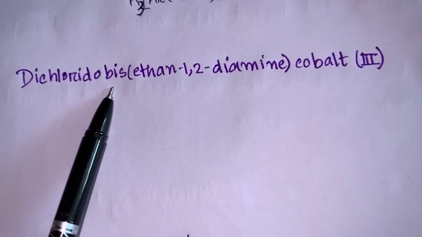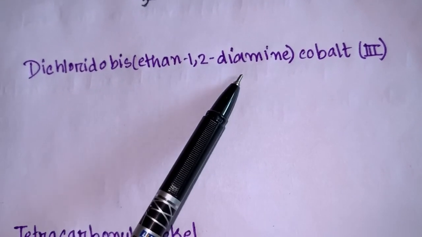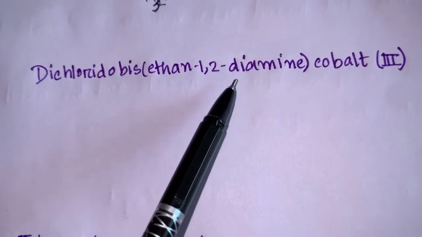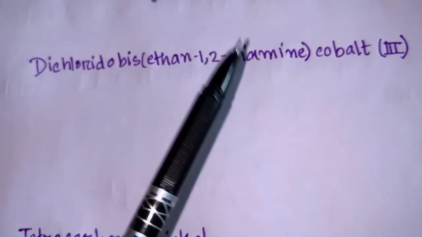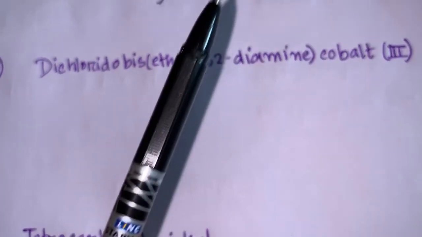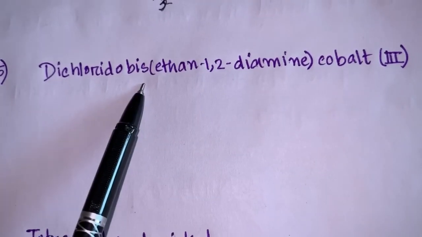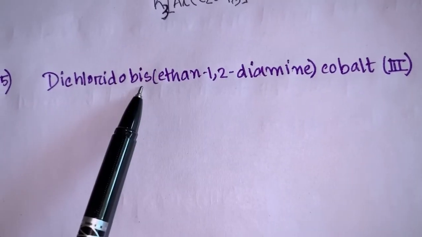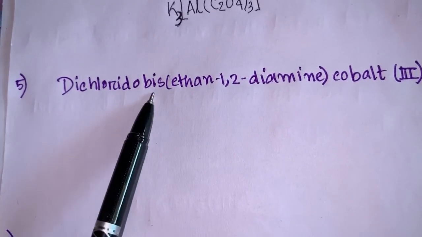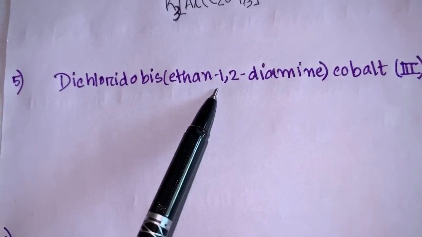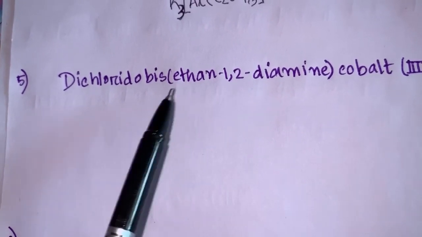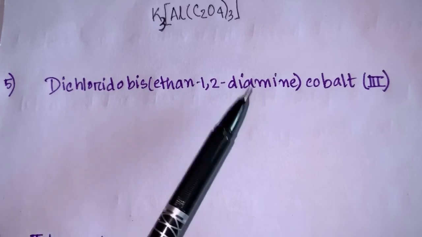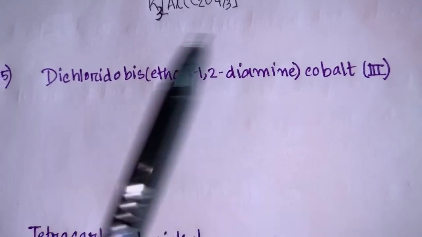But in short, whenever there is a ligand within which we are having di or tri, any such terms already present, and when that kind of ligand is present in number more than 1, when we name it, we don't use further terms like di, tri. Instead we use terms like bis, tris, tetrakis. So here it is already having the term diamine, the di word, so here it won't be di, but here it is bis. We will talk about this in the next video, that is nomenclature.